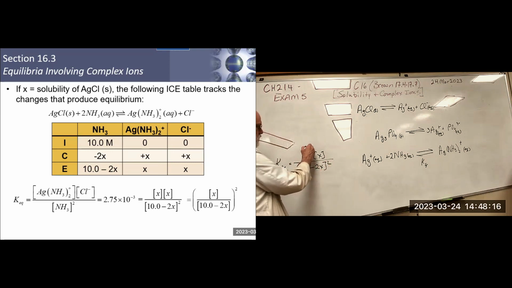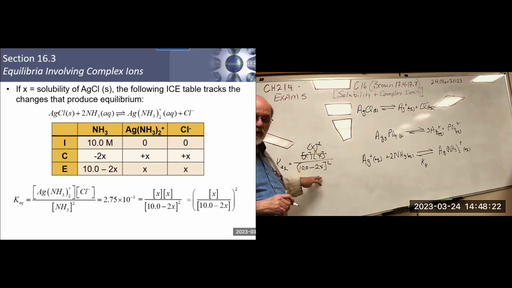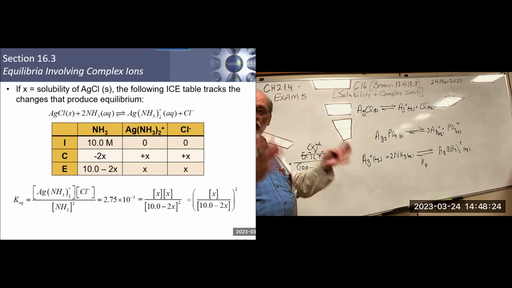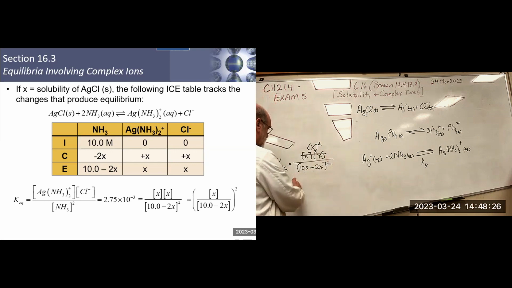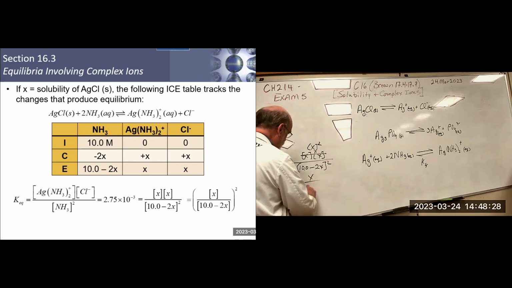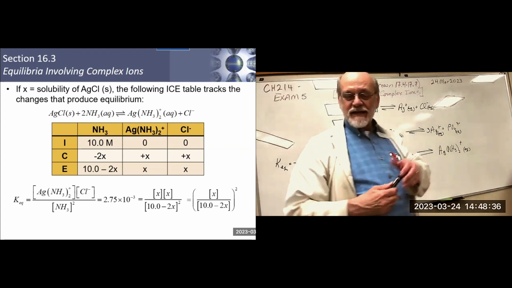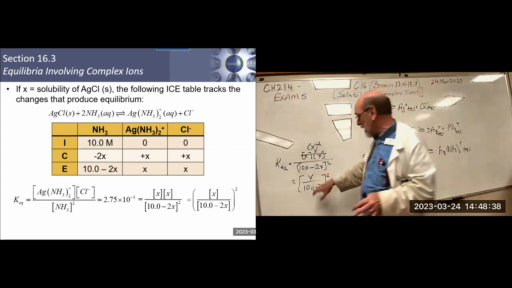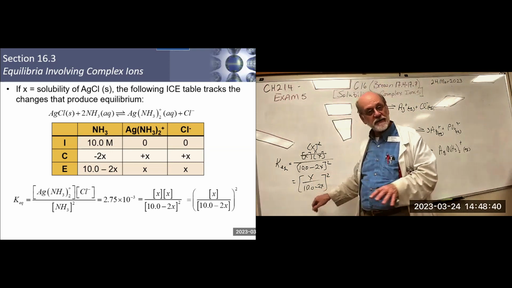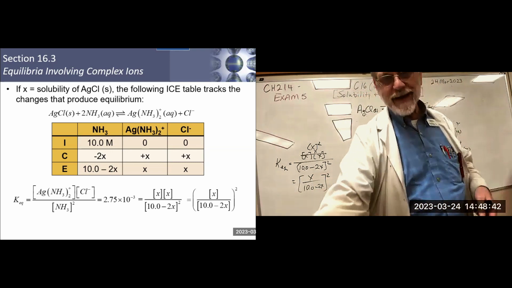Notice that this is also squared. So if you square the numerator and you square the denominator, you can put a square around the whole expression. That's why we can say x divided by 10 minus 2x, squared. Okay, that's nice. That allows us to not have to make an approximation or to use a quadratic.